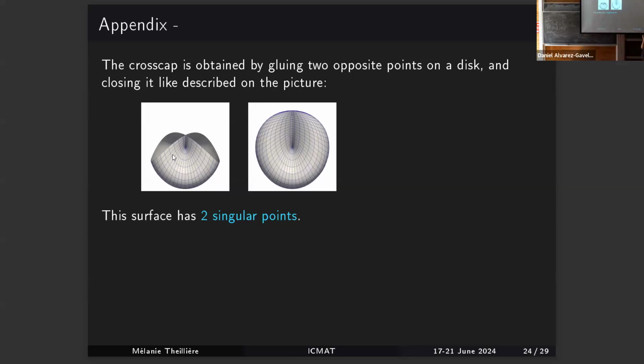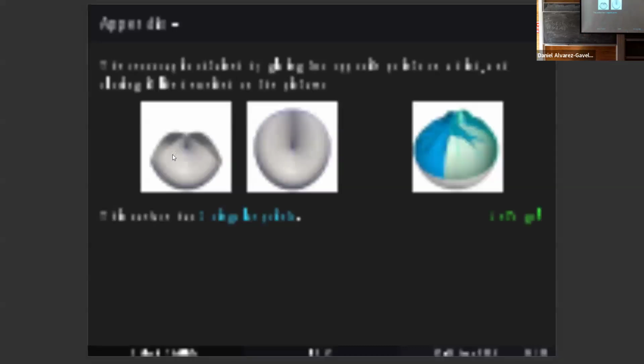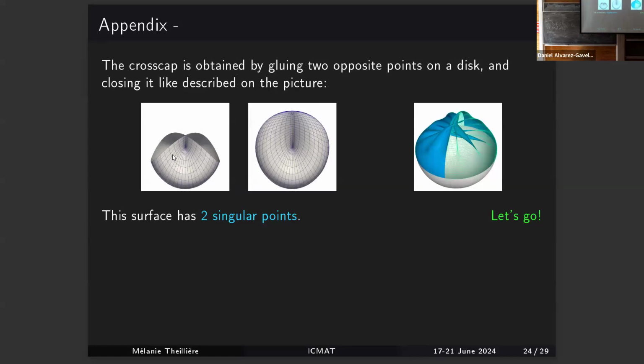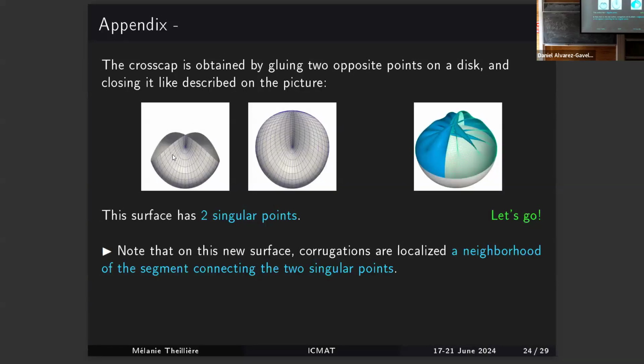Could we use a corrugation process again to remove them? So yes, of course, it's possible. We managed to do it. But in fact, if we look a bit closer at this surface, we only manage to remove singular points on a neighborhood of the segment connecting the two singular points.